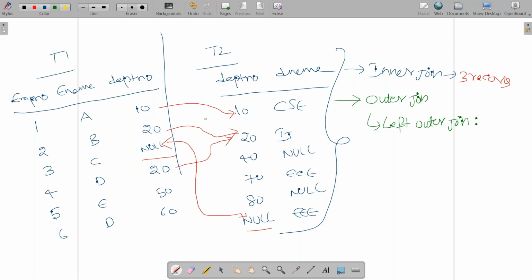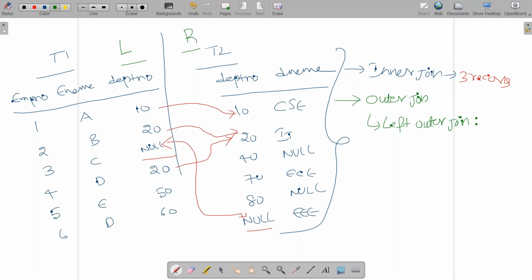Left outer join means, here this is the left table and this is the right table. Whichever table you consider first is the left table, and whichever table you consider second is the right table.